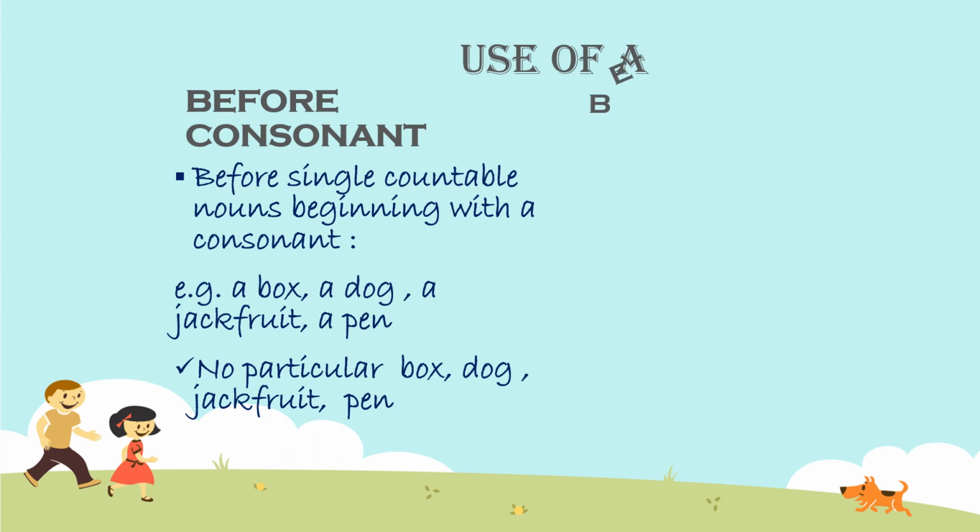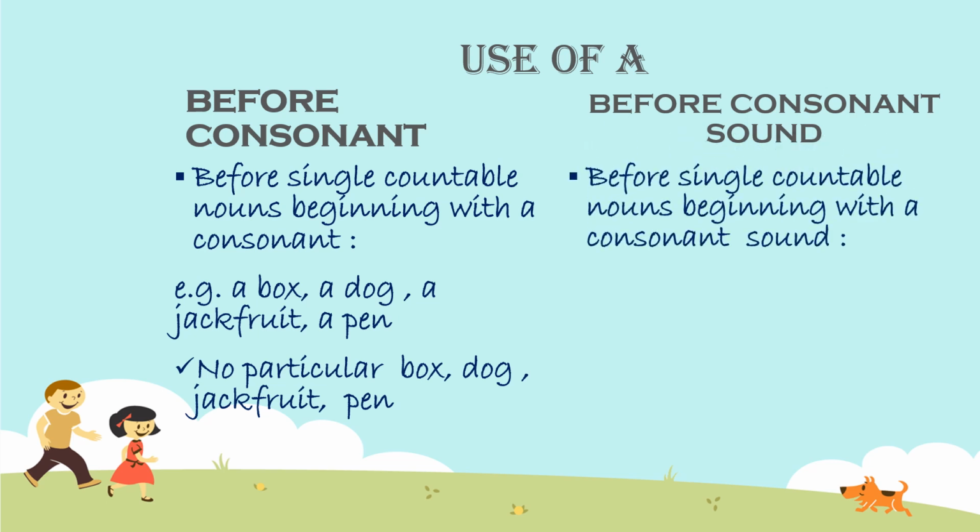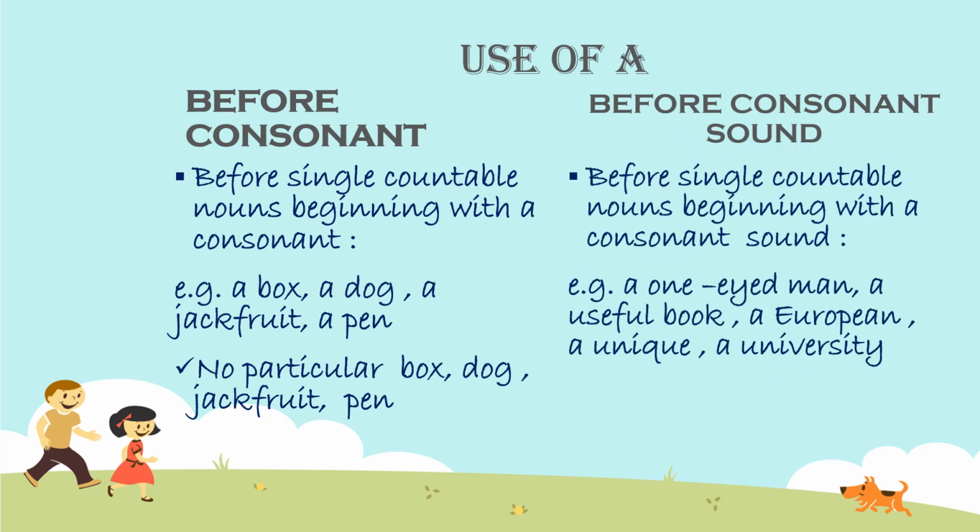Similarly, a is also used before a consonant sound. If the single countable noun is beginning with a consonant sound, then we will write a before it. For example, a one-eyed man, a useful book, a European, a unique, a university. A one. Look here. Here O is a vowel, but still we are using a.